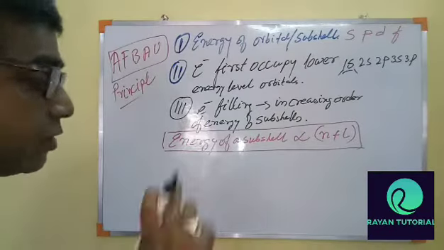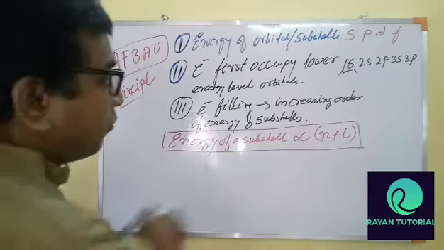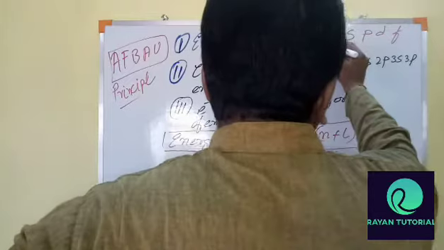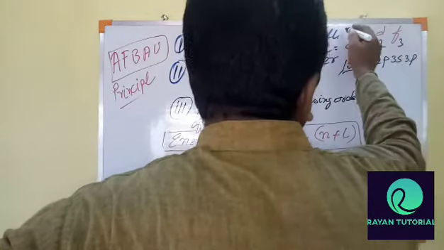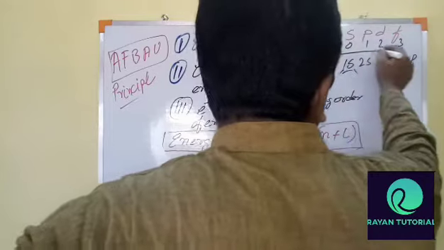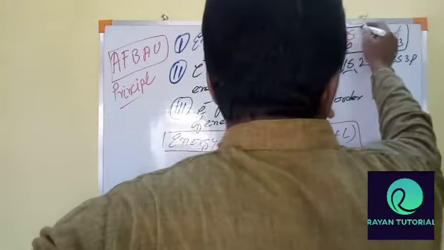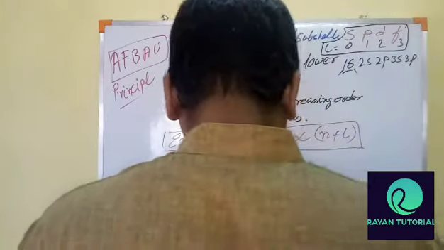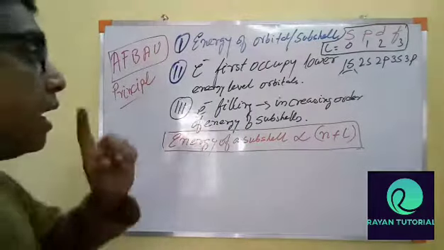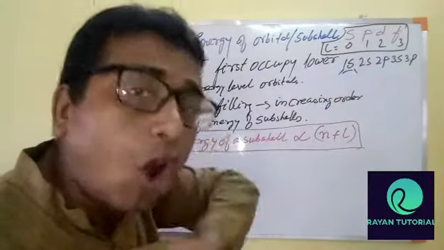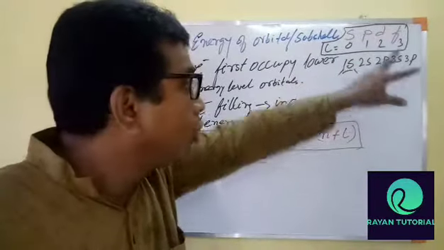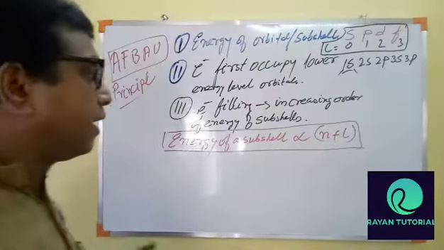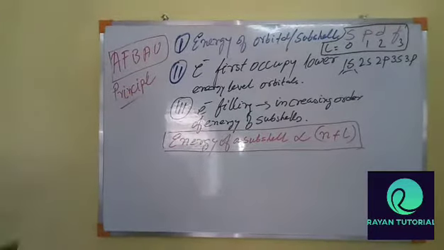Now always remember that for S, L is 0, always 0. P is 1, D is 2, F is 3. Clear? Understood? Now let us find out how to fill up.